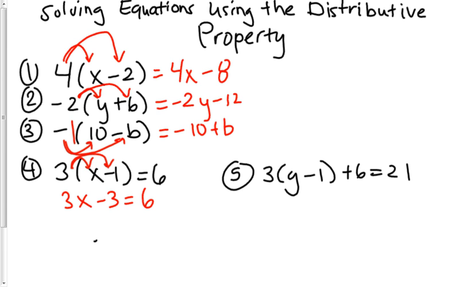Now, we just solve this equation like our normal two-step equation. We want to solve for x, we want to get x by itself, so we got to move that negative 3 with a minus 3 over to the other side with the 6.